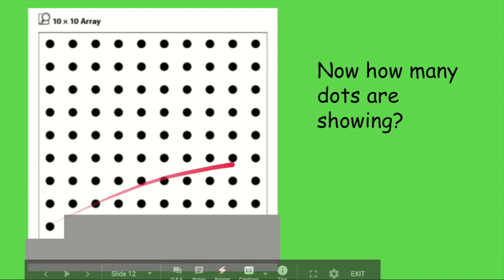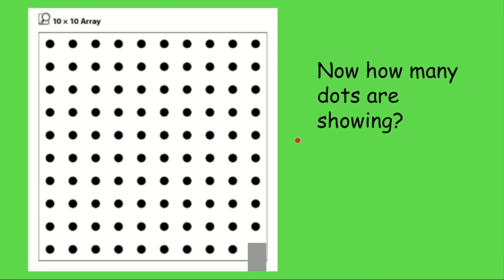Did you say 81? You got it. Take a look at this chart. Do you remember the first slide when we asked how many were in my 10 by 10? I'm covering up 1. So how many do I have?